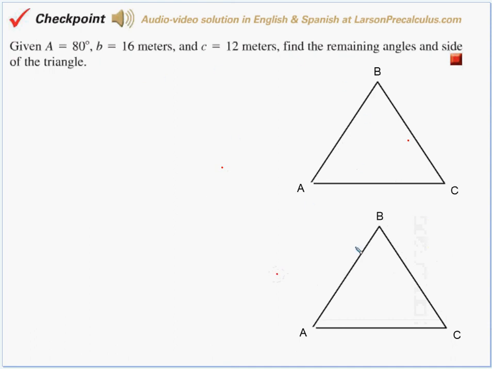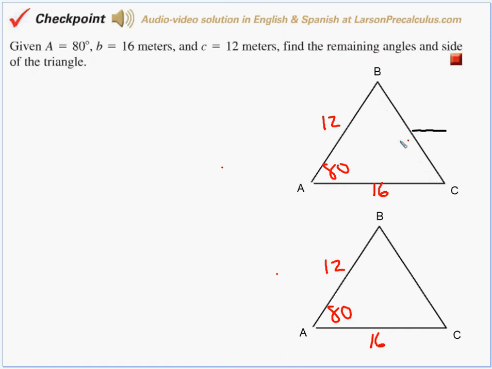So this angle A is 80 degrees. B is 16, that's side length. C is 12. So what we're going to do here is first solve for side A, so we can set up a law of sines. Then it doesn't really matter if you want to go for angle B first or angle C first.